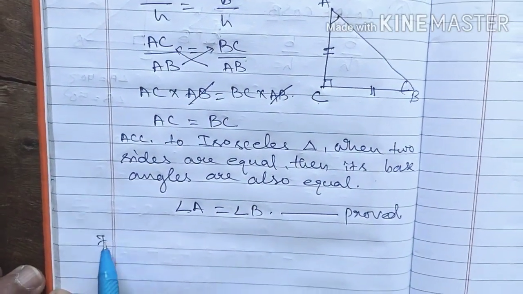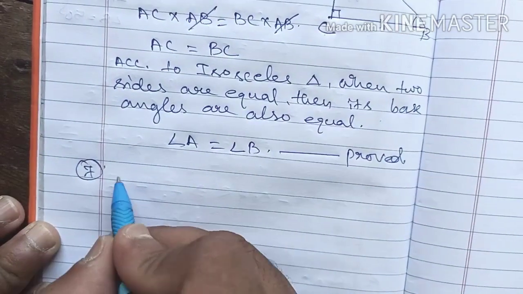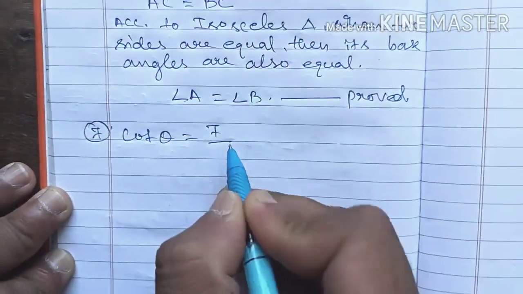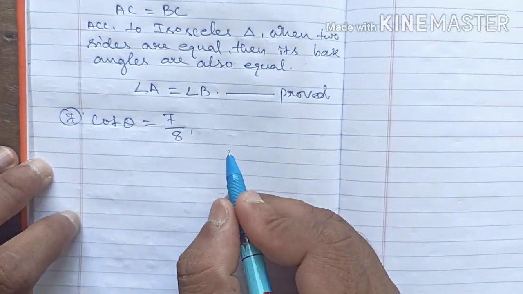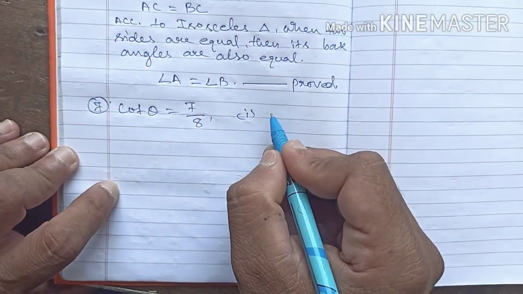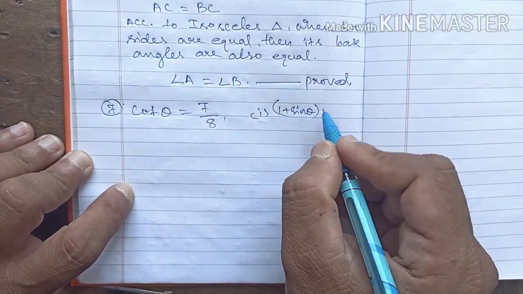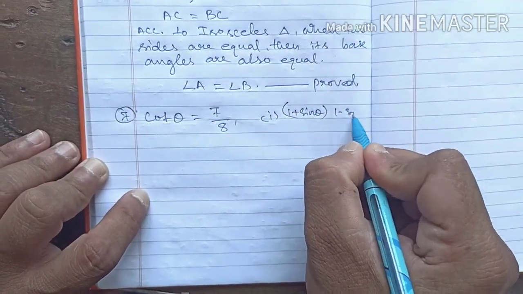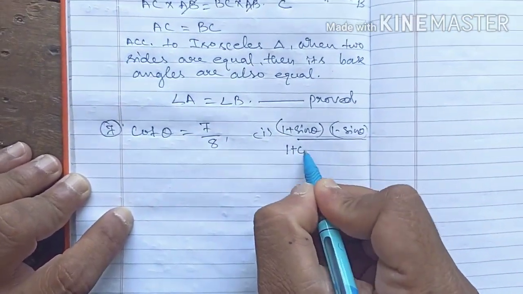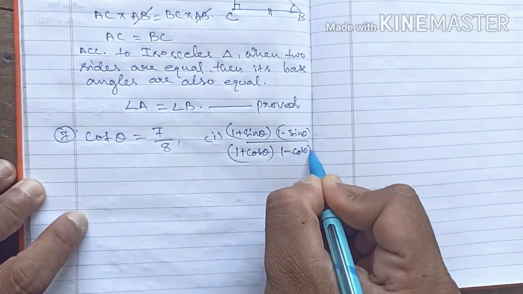Now question number 7. In question number 7, it is given if cot theta equals 7 by 8, we have to evaluate the first bit. The first bit is given: 1 plus sine theta whole bracket, 1 minus sine theta whole, divided by 1 plus cos theta and 1 minus cos theta.